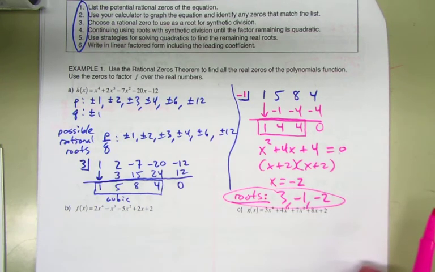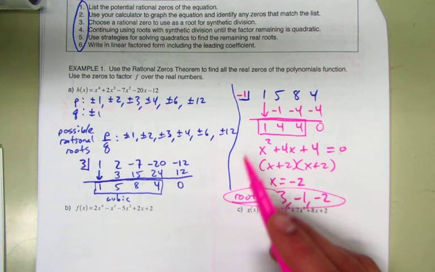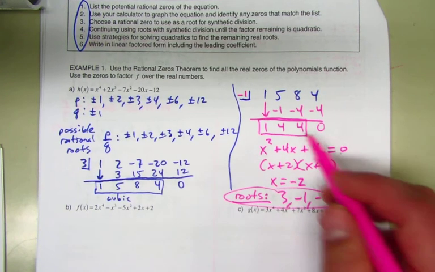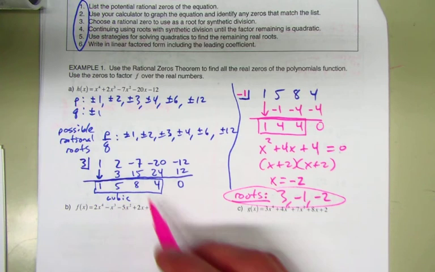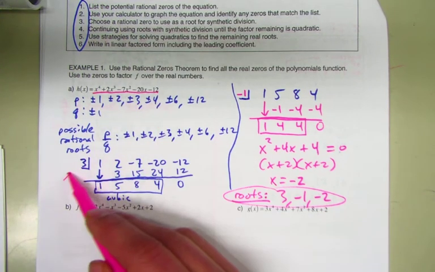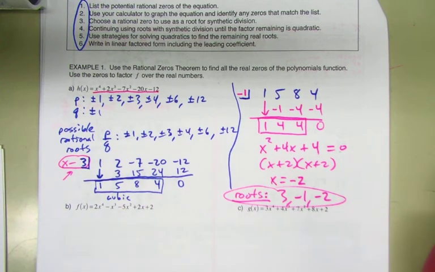Yes? So I'm still kind of off how to get square root of 2. So when you get 1, 4, and 4 as a result of the 3, how does that go towards this? So let's start back here. It starts as a degree 4. And what we're really doing here is dividing by x minus 3 when we do the first division, right?